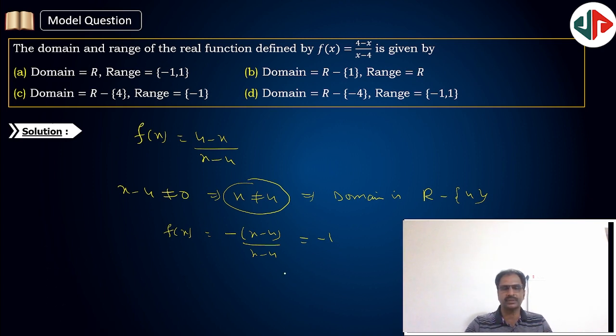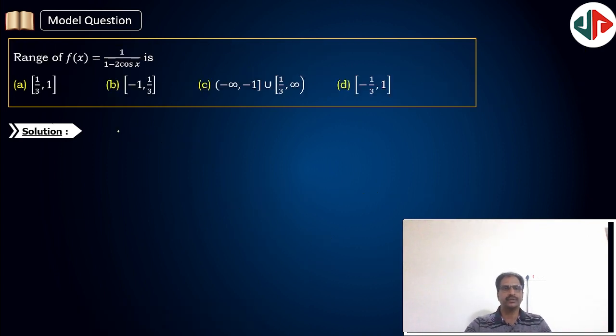Only one value, which is minus 1. Therefore, what is the range of f of x? Only one value, a singleton set, the set of minus 1. So the domain is R minus 4, R minus the set of 4. Range is only the set of minus 1. Option C is correct.